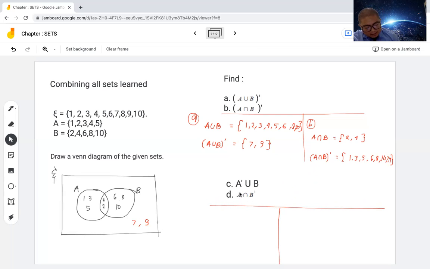In my case, I always make sure that I write down whatever is in the given sets to make another set. So let's say complement of A. If this is my A, 1, 3, 5, 2, 4, then the complement would be 6, 7, 8, 9, 10.